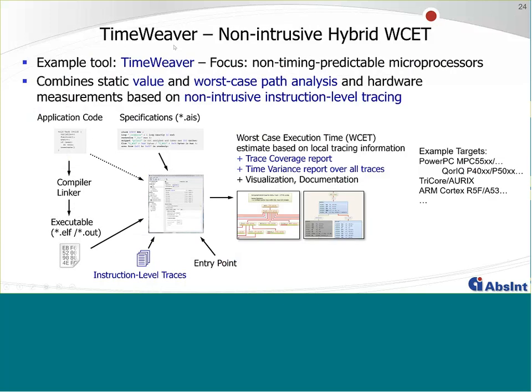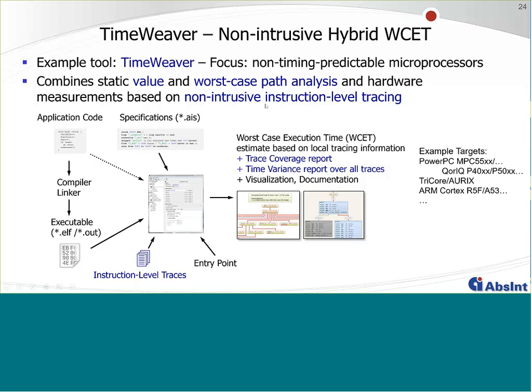Okay, next in line, if you have a high-performance multi-core architecture, then often the processor is not entirely timing predictable anymore. And then the approach TimeWeaver takes is to have a hybrid worst-case execution time analysis, which means that we take instruction-level trace information, which, very importantly, must be non-intrusive, because any instrumentation would significantly interfere with the execution time, and you could not separate the effect of the instrumentation from the original program.